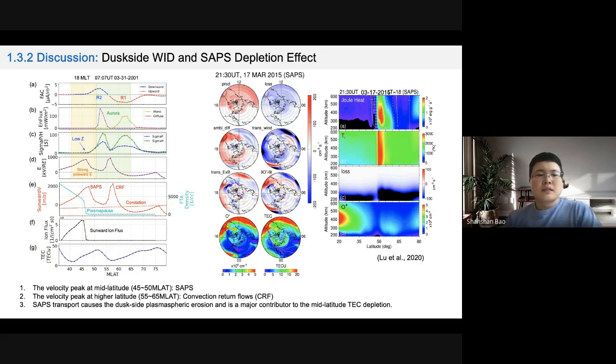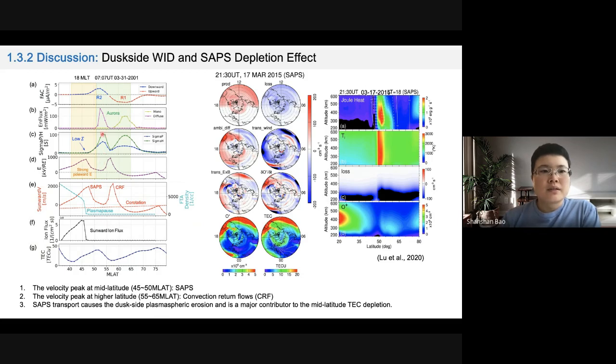So we take a closer look into what happened at 18 MLT. What I'm plotting here, from the top panel, is the region 1 and region 2 current. The second panel is the diffuse electron precipitation profile. The magenta one is diffuse, and the olive one is monoenergetic.